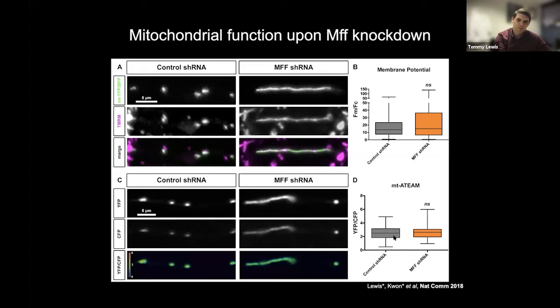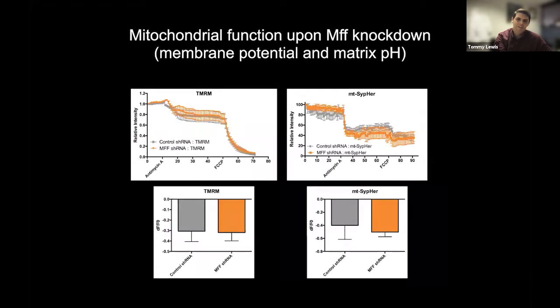And then to make sure that they are still responding in similar ways, we also did some challenges to these mitochondria where we treat with antimycin A, and we look at what happens to either membrane potential or the pH of the matrix, which we would expect to be affected when we shut down the electron transport chain, right?